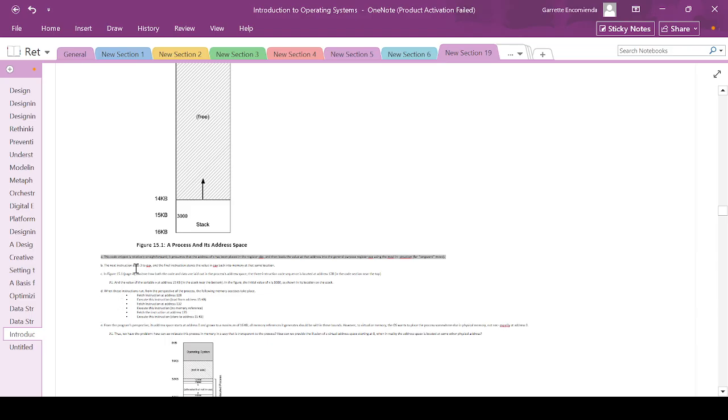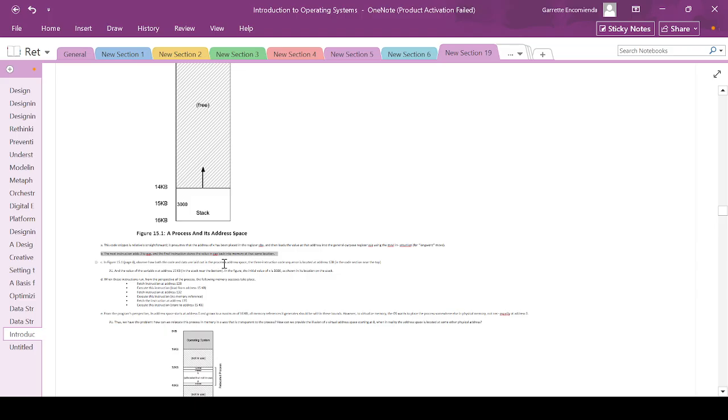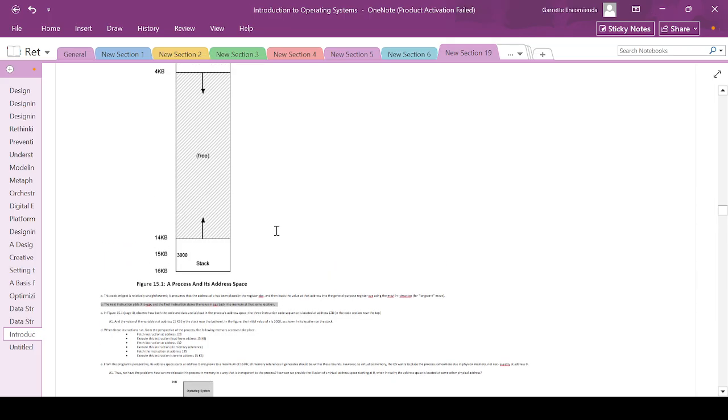The next instruction adds 3 to EAX, and the final instruction stores the value in EAX back into memory at that same location.